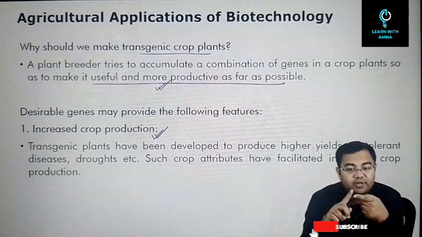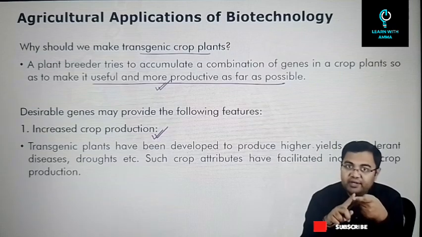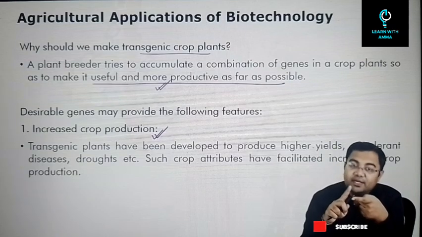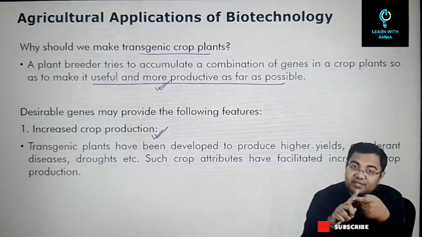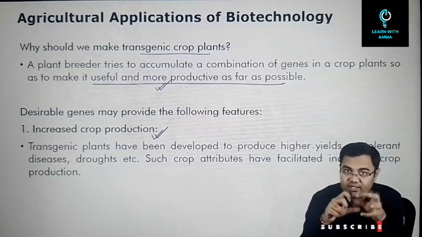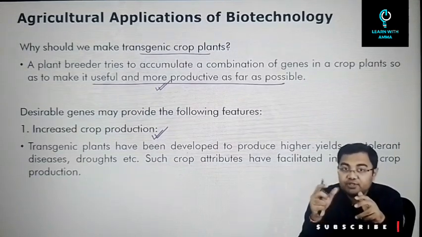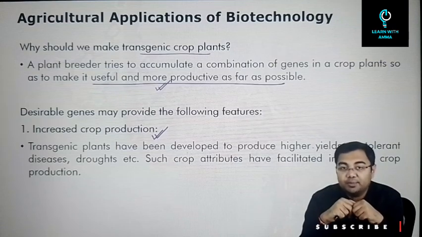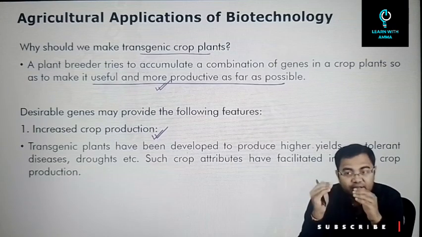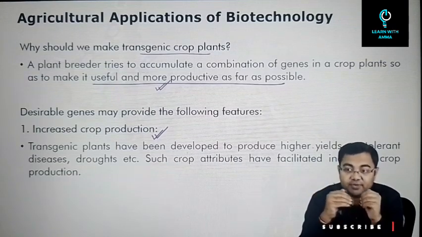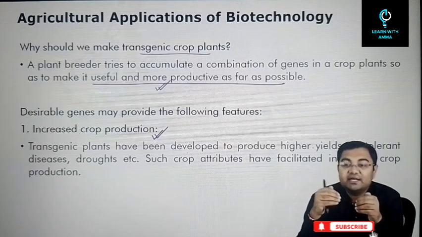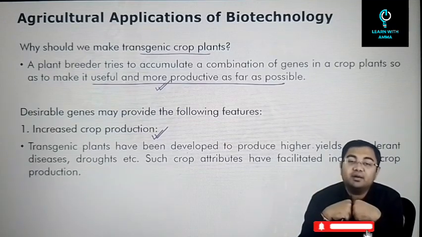So one way could be to make it drought resistant or flood resistant. The other way could be to make it resistant to diseases so that crop production does not go down. Another way in which you can think of increasing the productivity is that it should need lesser nutrients. If it can survive on lesser nutrients, then you can save some amount there also.